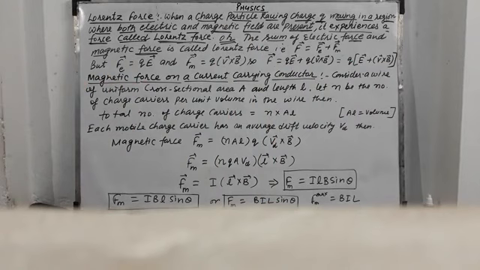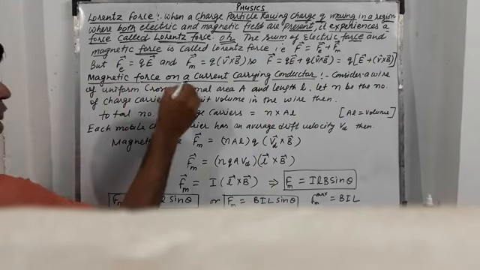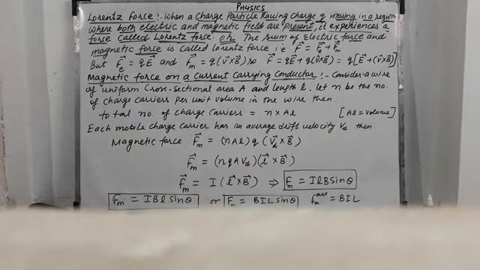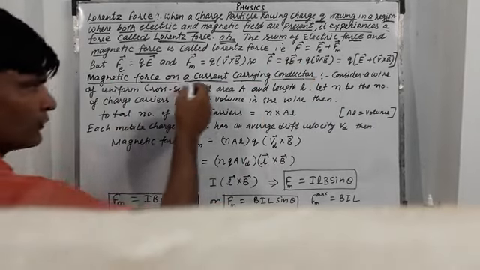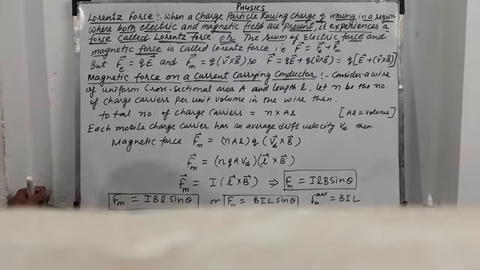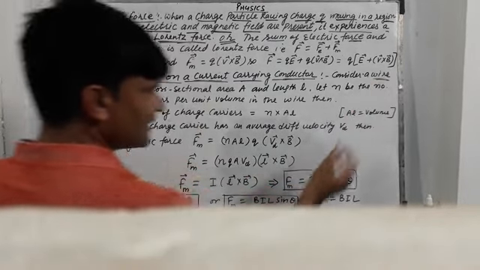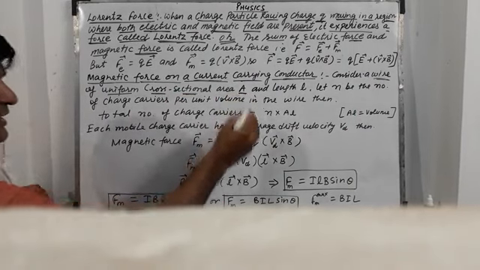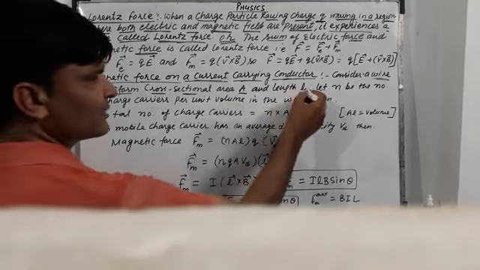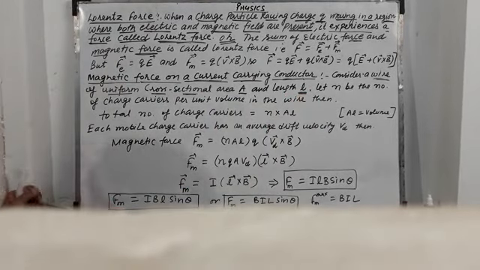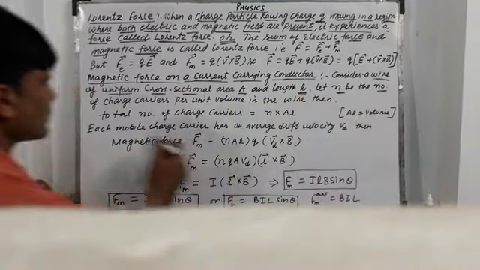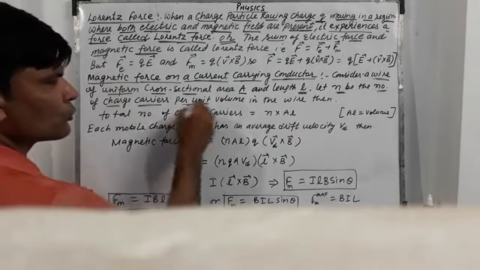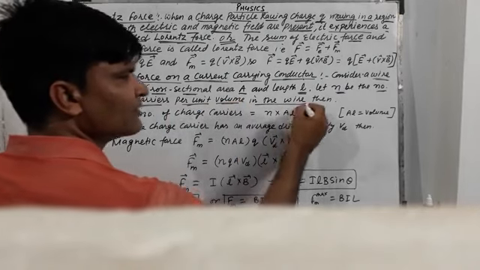Now, magnetic force on a current carrying conductor. For this, consider a wire of uniform cross sectional area capital A and length L. Let small n be the number of charge carriers per unit volume in the wire.